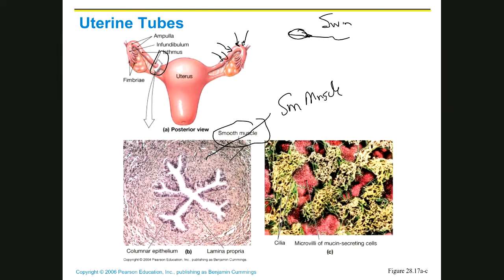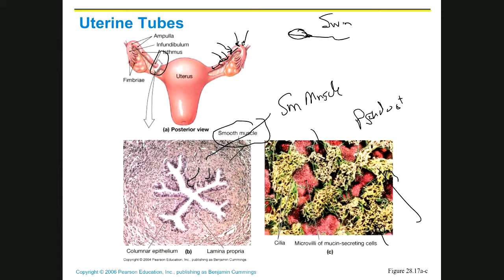If you look on the inside layer right here, it's pseudostratified columnar. And remember, pseudostratified has cilia, and you can see the cilia right here. And so those cilia also help push the oocyte in this direction.